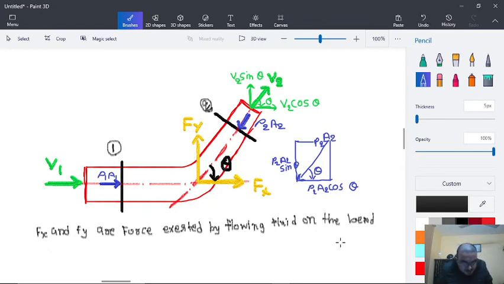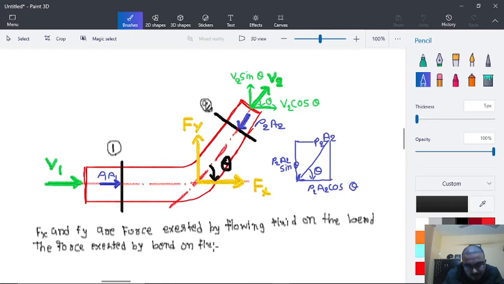So based on Newton's third law of motion, the force exerted by the bend on the fluid is going to be minus Fx and minus Fy.